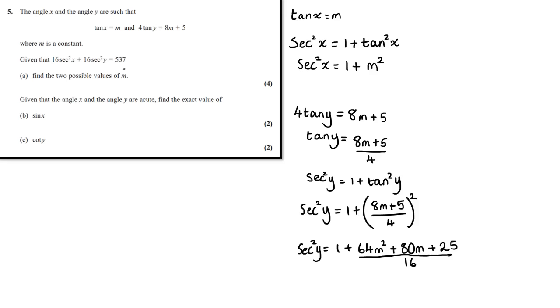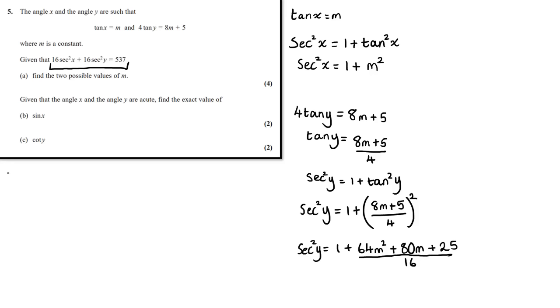So now we need to link it back to this expression here. We know 16 sec squared x plus 16 sec squared y is equal to 537. So using both of these, sec squared y and sec squared x, we just need to times both of them by 16 and set them equal to 537.